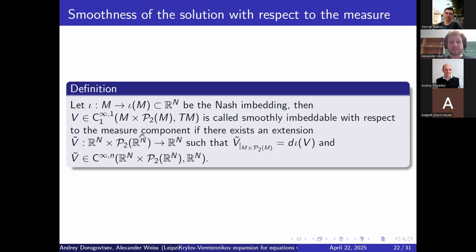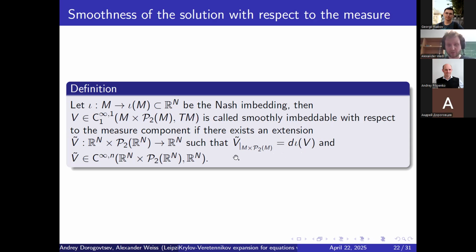So it is called like this if there exists an extension like this, such that evaluating it at iota of m works. And this space would be the probability measures on Rn which have support in the manifold iota of M.